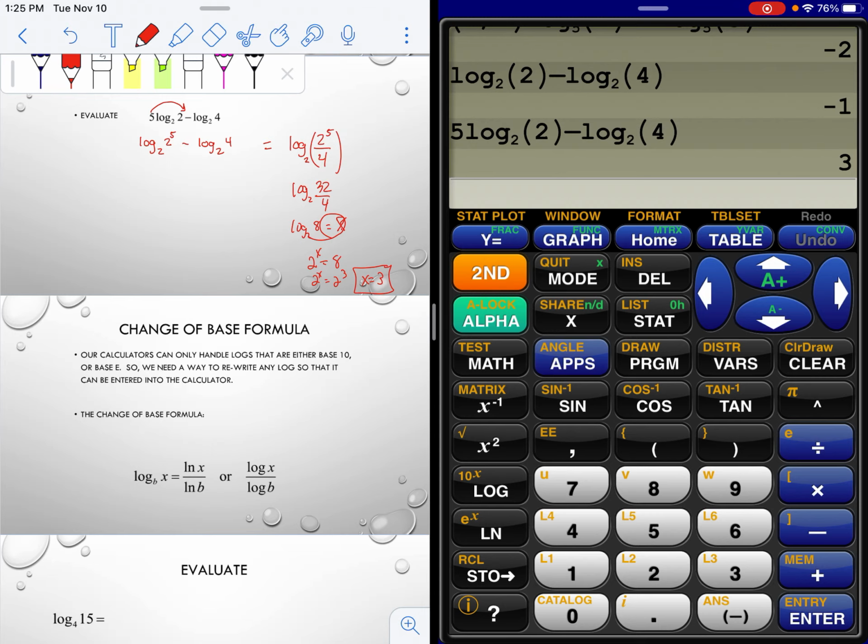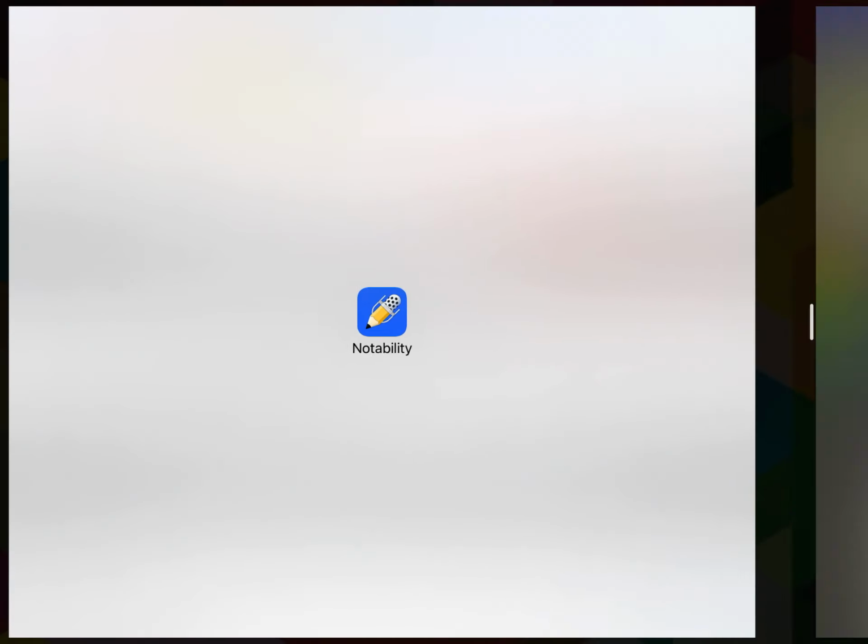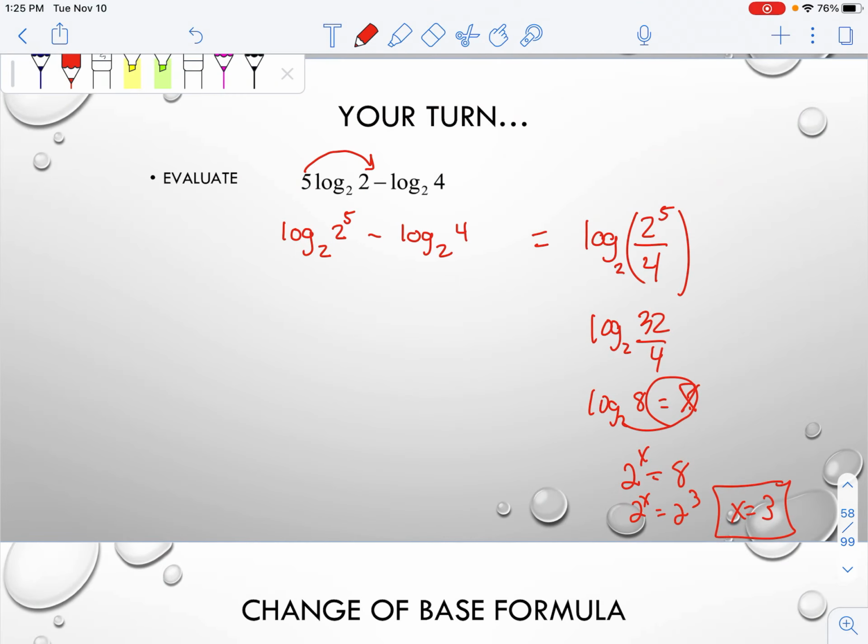Some of you might be wondering, why did he evaluate each thing separately and then combine in the first one, and in the second one combine everything and then evaluate it once? Does it really matter? That's my question to you. Would it really matter if I evaluated this, evaluated that, and then solved separately? Well, let's see.